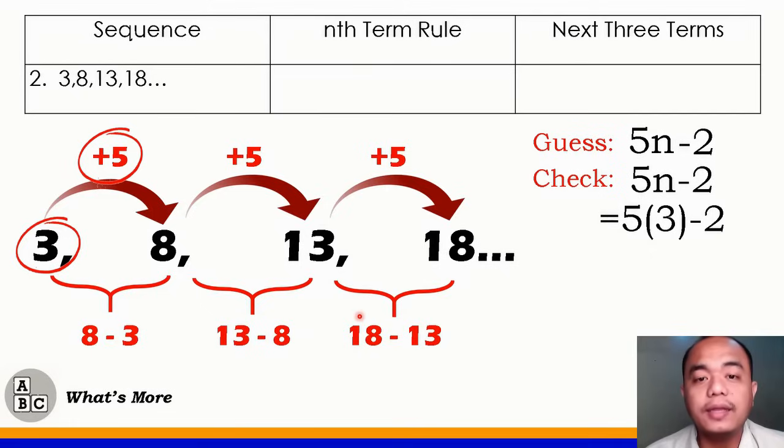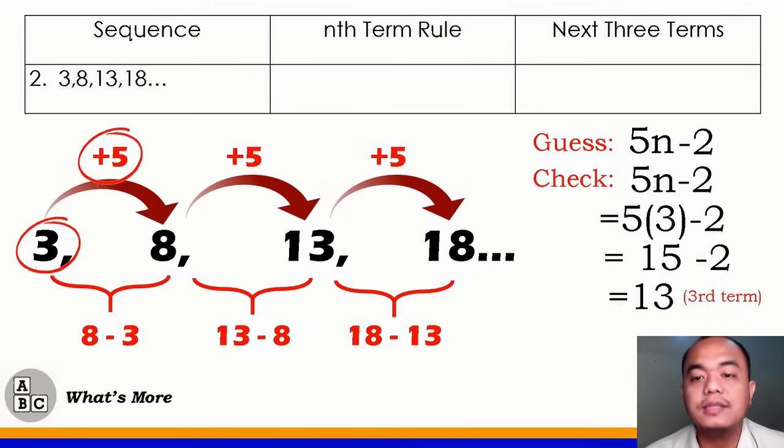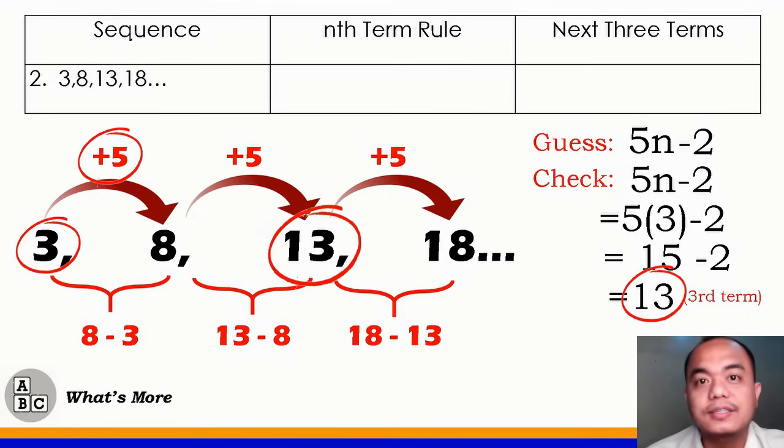Ang ginagawa natin ngayon, nag-check kung tama ba ang ating hula na 5n minus 2 as our n term rule. So 5 times 3 equals 15, and we have 15 minus 2 equals 13. So that means our 13 here is the third term, and we get the same number in the sequence. Okay? So that means our n term rule here is 5n minus 2.